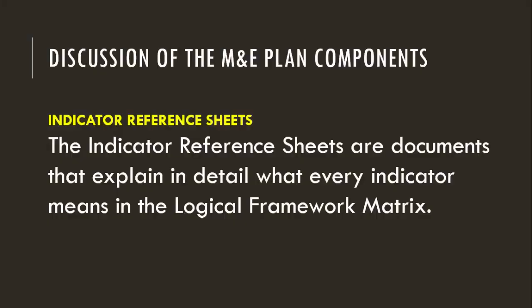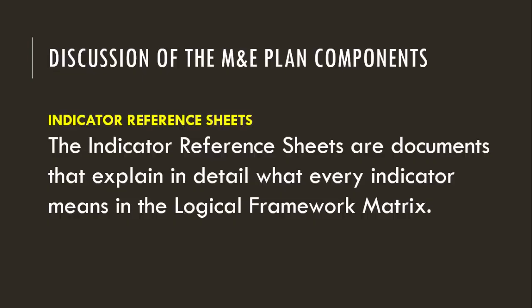Now let's go to the indicator reference sheets. I love this component of the monitoring and evaluation plan because the indicator reference sheets are so important, guys. Indicators can mean different things to different people.